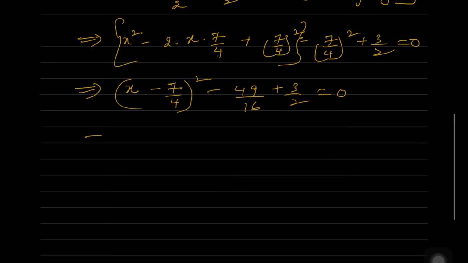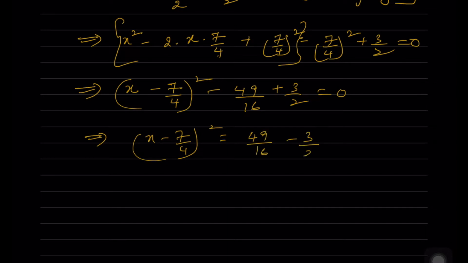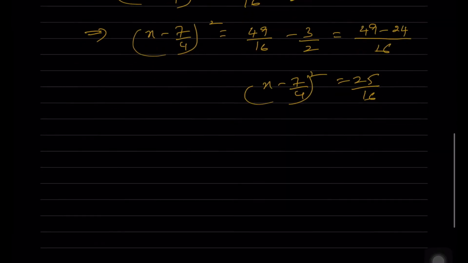So now this can be written as x minus 7 by 4 whole square is equal to, take both of them to the other side, you're getting 49 by 16 minus 3 by 2. So if the LCM is 16 over here, you're getting 49 minus 3 8s are 24, which is equal to 25 by 16. x minus 7 by 4 whole square is equal to 25 by 16.